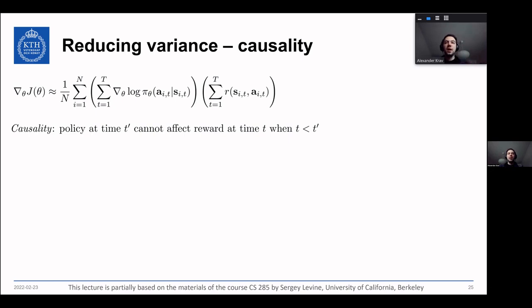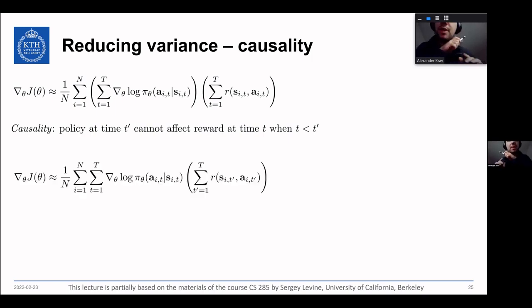This will be more clear if we write it like this. Instead of summing for each trajectory, we sum this product. We basically move the sum. So here, for each trajectory, we took all time steps, multiplied this sum, which gives the gradient, grad log pi, by the total reward for the trajectory.